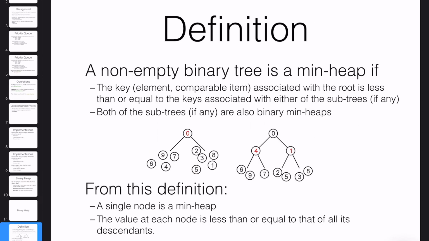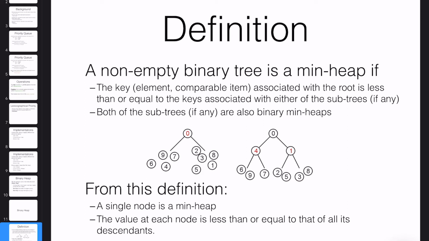So I'm going to stick to min-heap. What I'm going to define here and all the operators is just for min-heap. If you reverse the order, it will be a max-heap. So there is not much difference between them, just that they give the priority to the smaller ones or to the larger ones. So what is a min-heap, a binary min-heap?